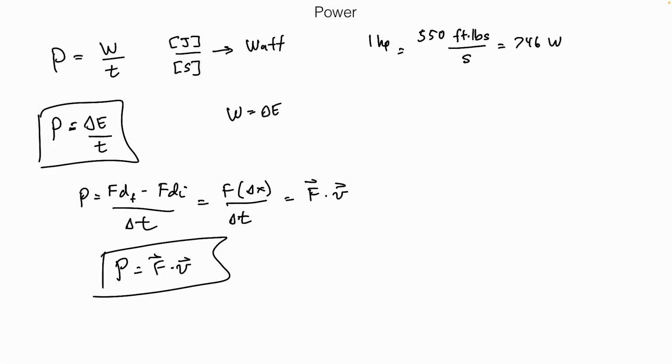Is that a horsepower? No. We have to do a conversion factor, right? And so the conversion factor would be on the bottom: 550 foot-pounds per second in 1 horsepower. Foot-pounds a second.